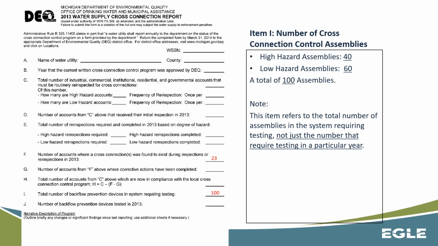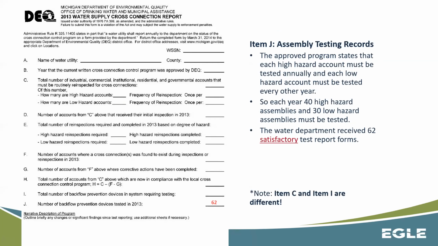Then getting to the last couple lines, in this case we said there are 100 total backflow preventers that are going to need testing. And this is your total number in the whole system. It is not necessarily 100 that were due to be tested that year. And then the last line, J, is how many actually got tested.